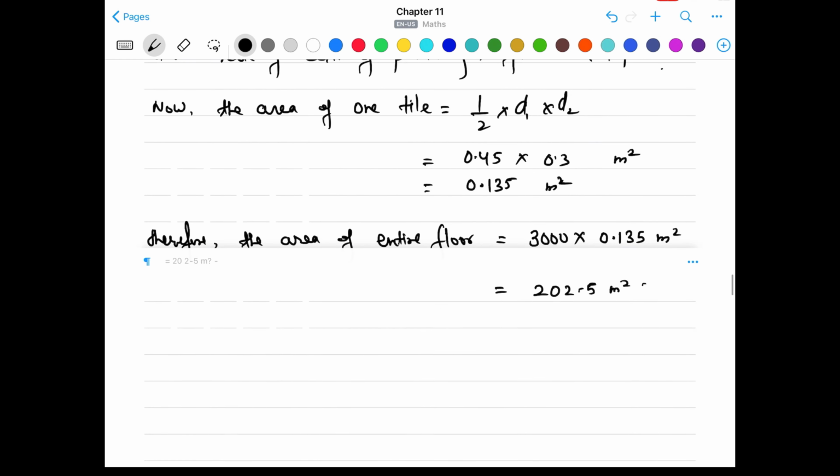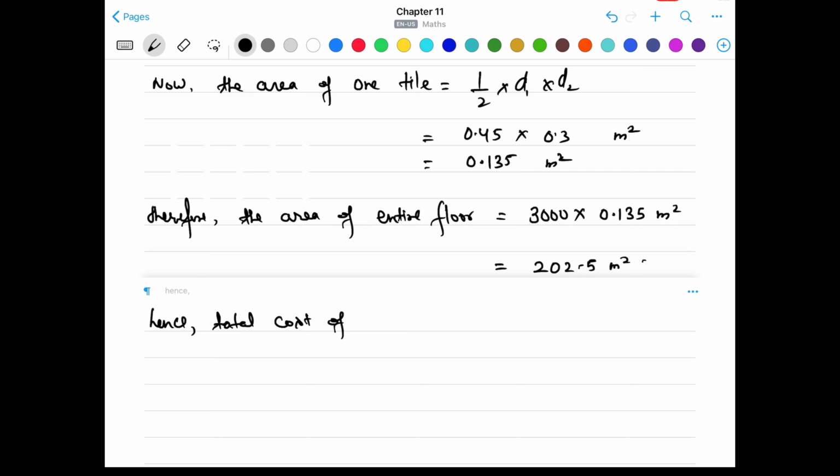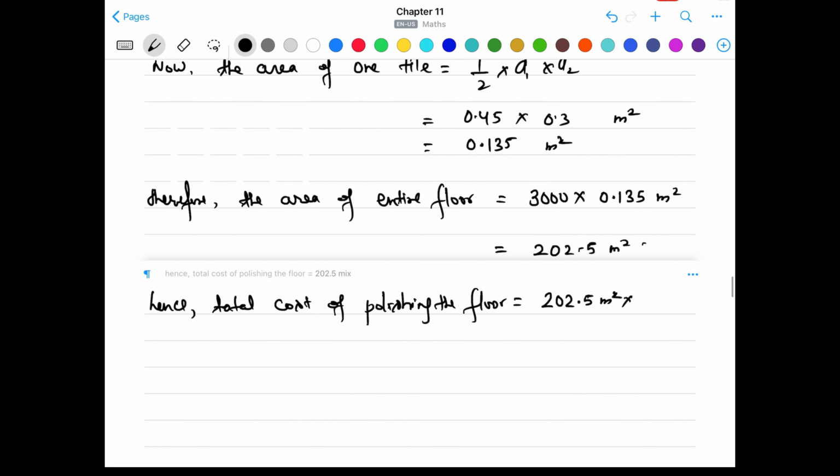Now we're going to multiply this area by the rate of cost of polishing, okay, to get the total cost. Hence, the total cost of polishing the floor is equal to the total area, which is 202.5 meters square, multiplied by the rate of cost, which is 4 rupees per meter square.